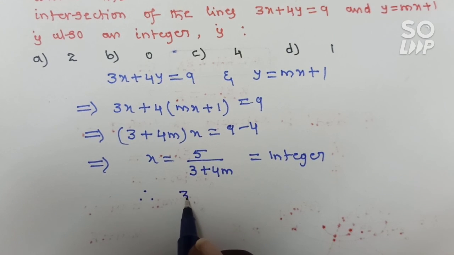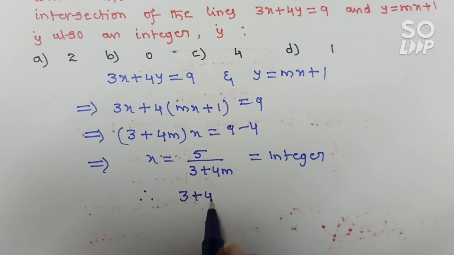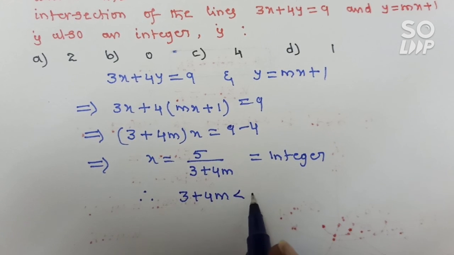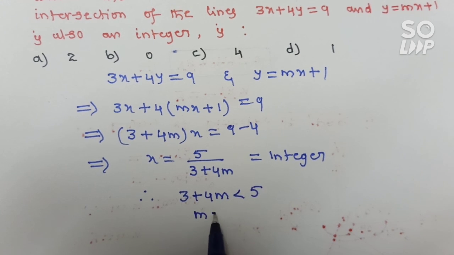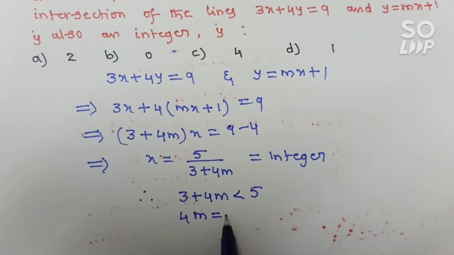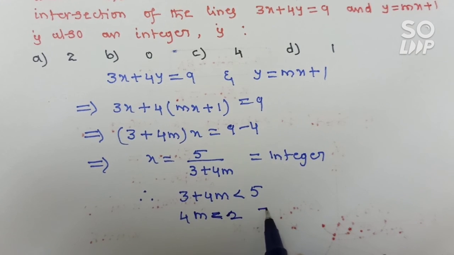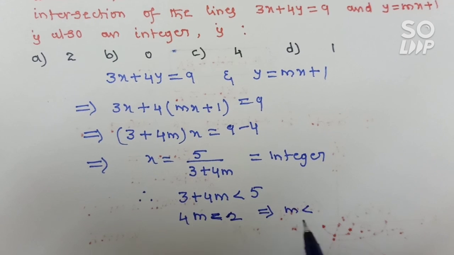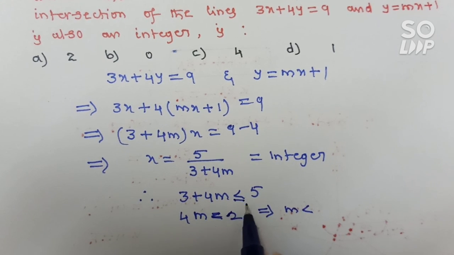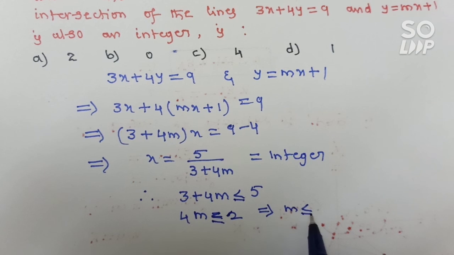Therefore 3 plus 4m is less than or equal to 5. So that implies 4m is less than or equal to 2. That implies m is less than or equal to 1 by 2.